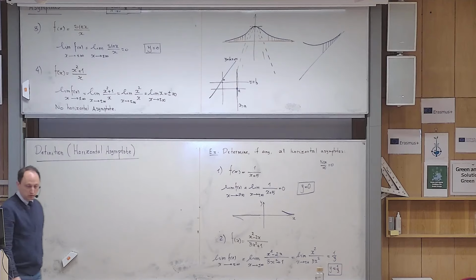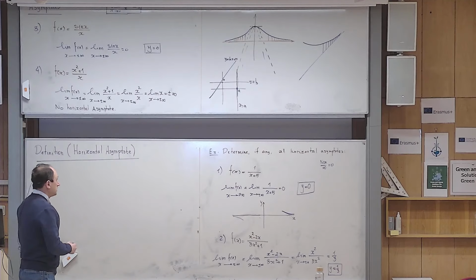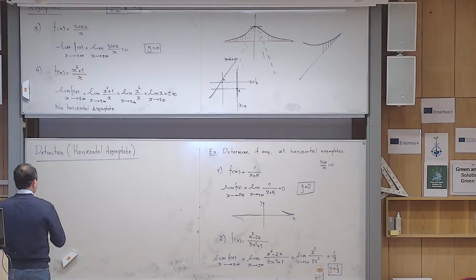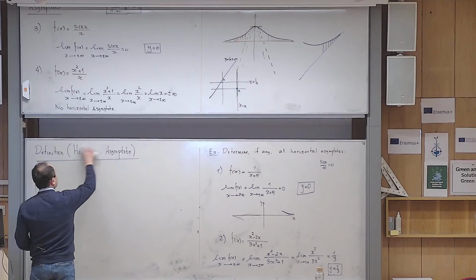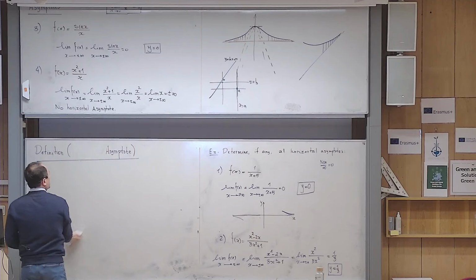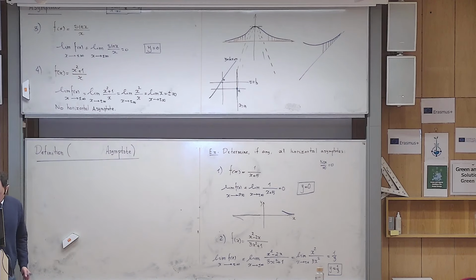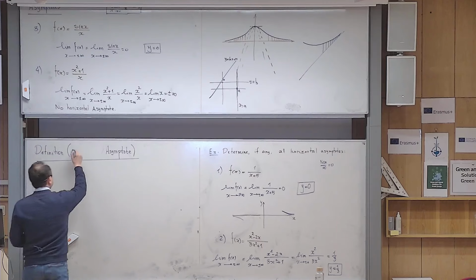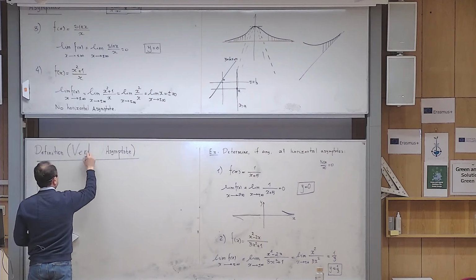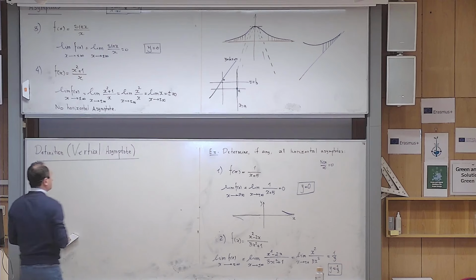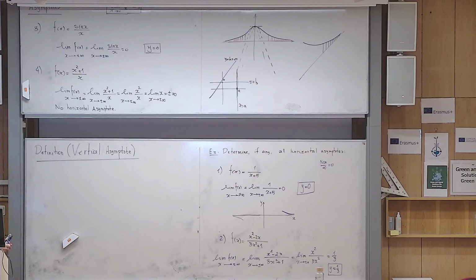Yes? But it is a little bit more tricky. So for example, let me clean this one and then write the definition of vertical asymptote. So what is the vertical asymptote?